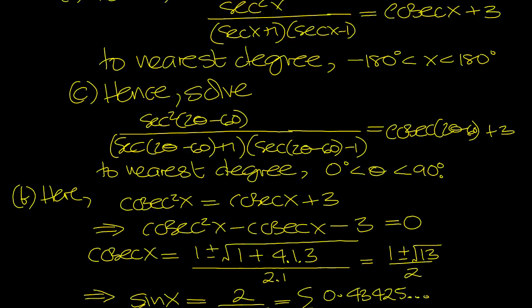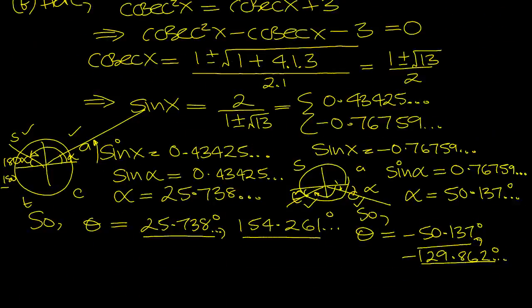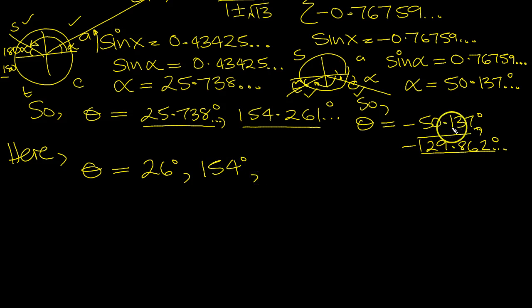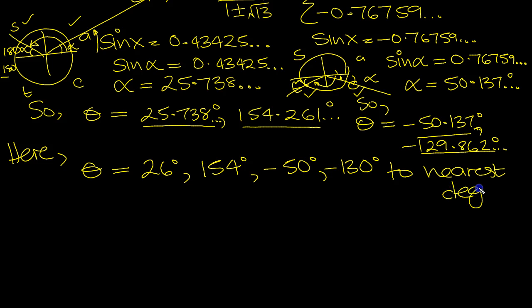So the final answer then, to the nearest degree, theta is equal to 26, 154, minus 50 and minus 130 to nearest degree. So that's part B done.